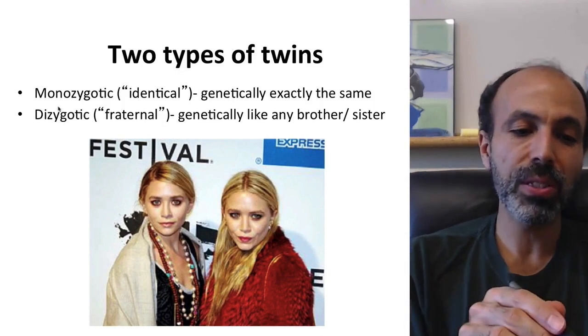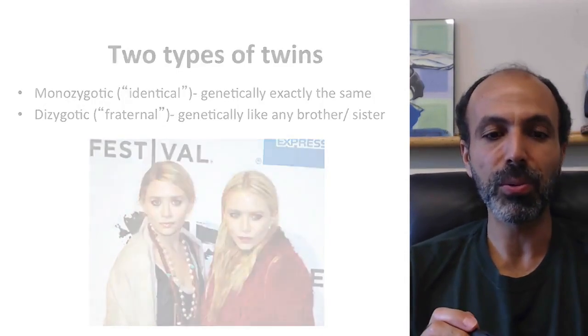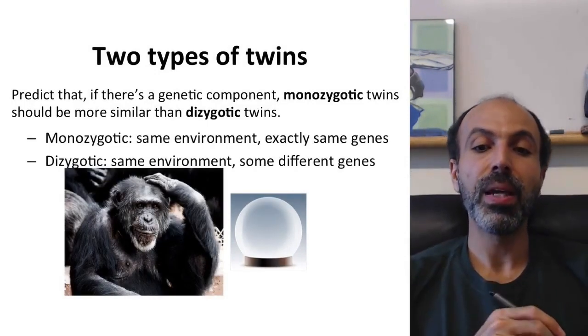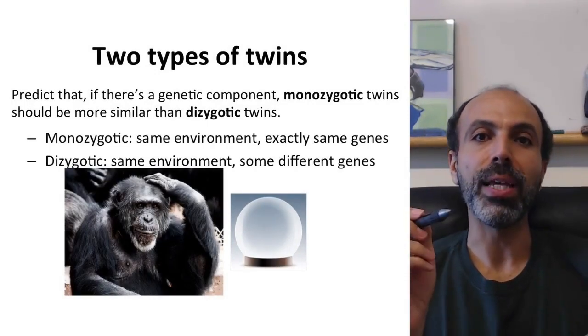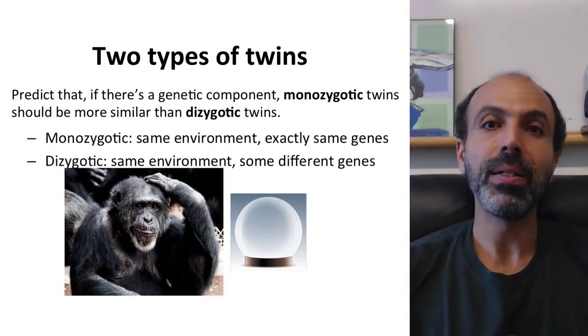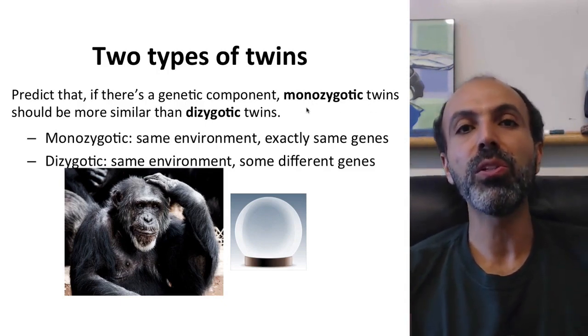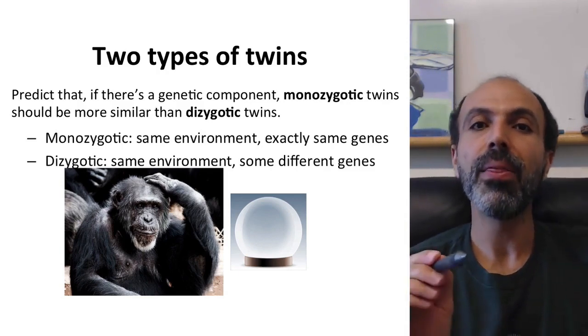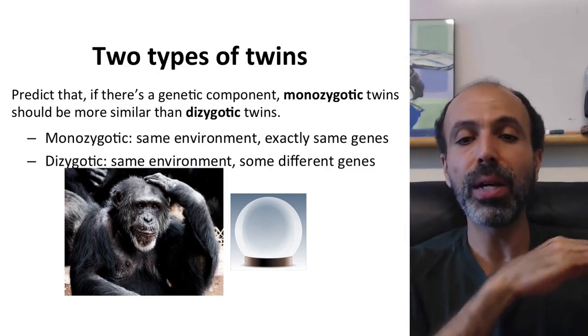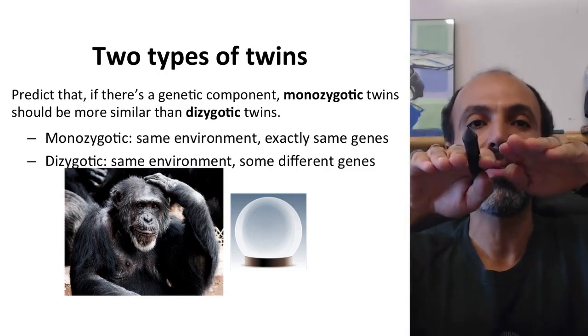Now, we can leverage this difference between the monozygotic and dizygotic twins. We predict if there's a genetic component to some trait, so let's say you're looking at height. Let's say there's a genetic component to the trait. The monozygotic twins should be more similar to each other in that trait, such as height, than dizygotic twins. On average, if you look across monozygotic twins, they should be very, very similar.